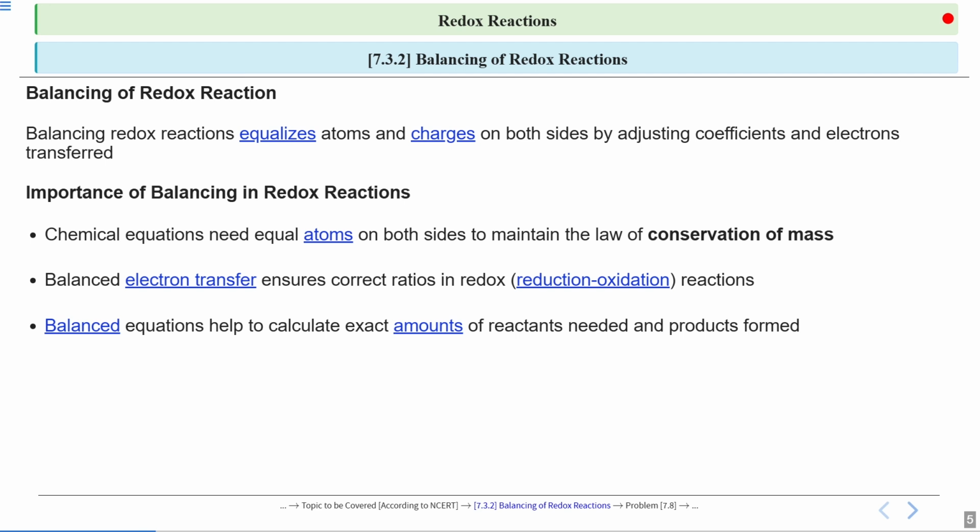Now, a balanced equation helps to calculate the exact amounts of reactants needed and the products formed.